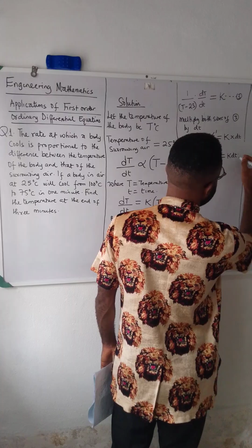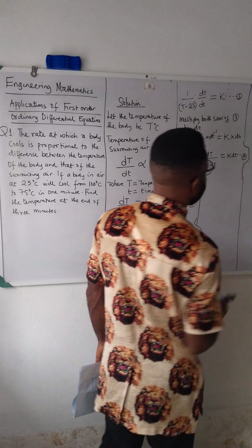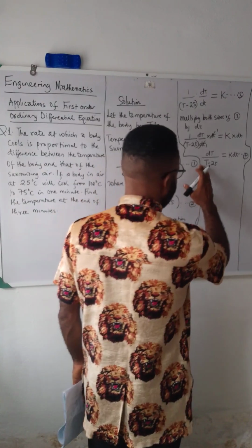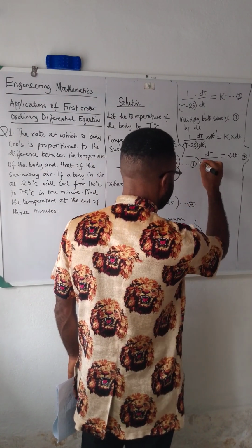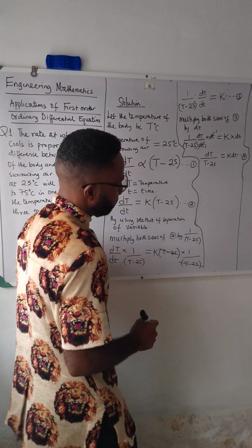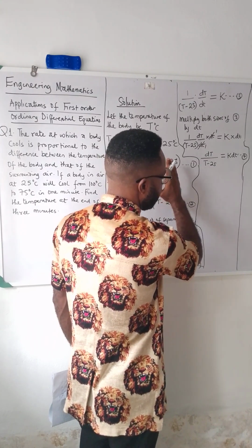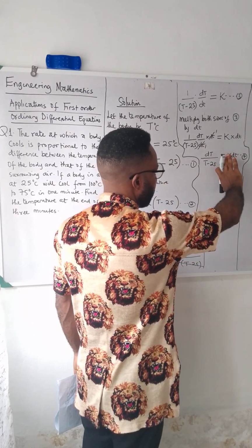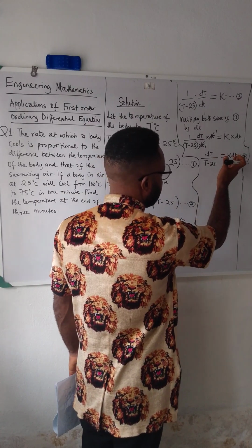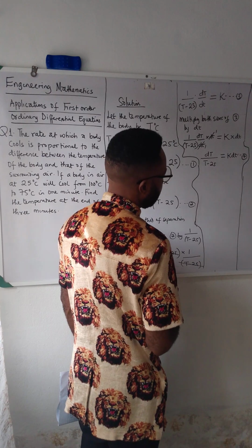So we can call this equation 4. Looking at equation 4, we can say we've been able to separate our variables successfully. We can now see that the temperature and T minus 25 are standing on the left hand side, while we have k and the time on the right hand side of the equation.